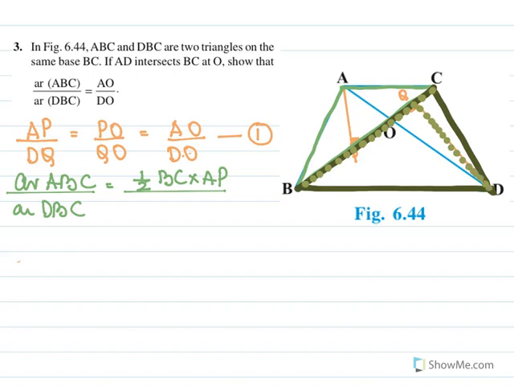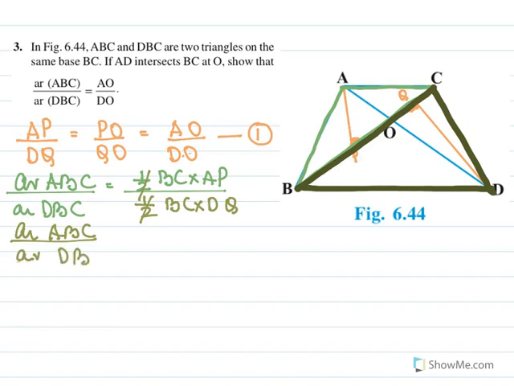We're talking about the triangle DBC. So that would be half, the base was BC, and the height was DQ. We cancel half. So we have area ABC over area DBC, BC also can be cancelled, is AP over DQ.